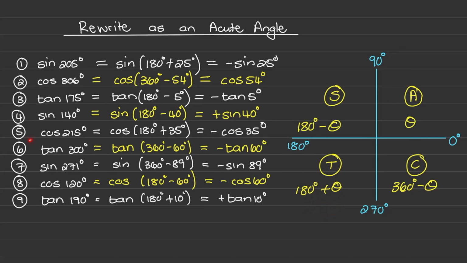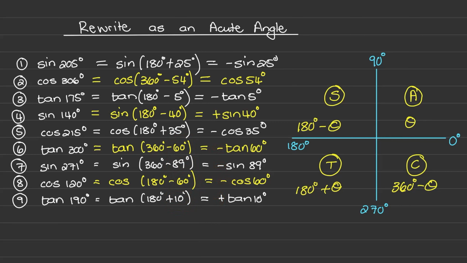For our last 4 examples, I continue to identify the quadrant of each of these angles and then the relevant calculation that I need to apply in that quadrant to find our acute angles, meaning our angles between 0 and 90 degrees. Then I ask myself, is that trig ratio positive or negative in that quadrant?